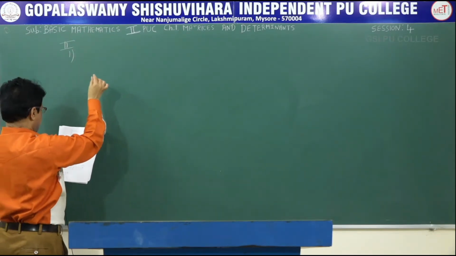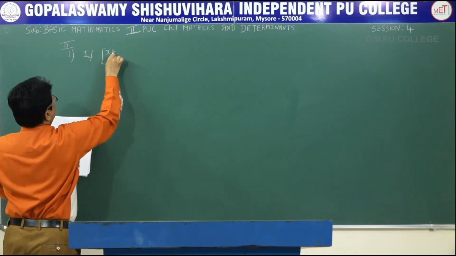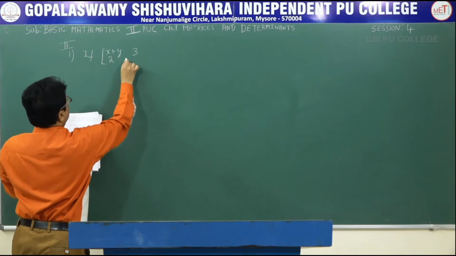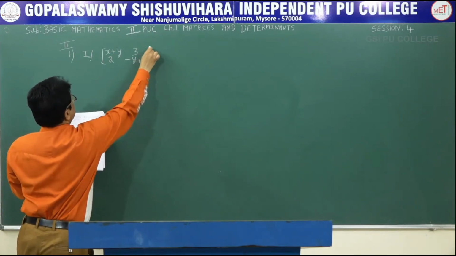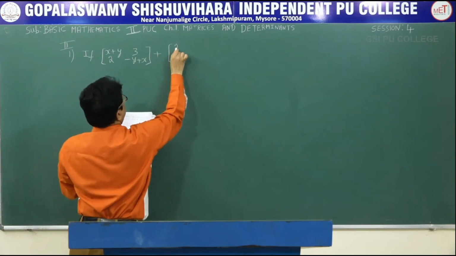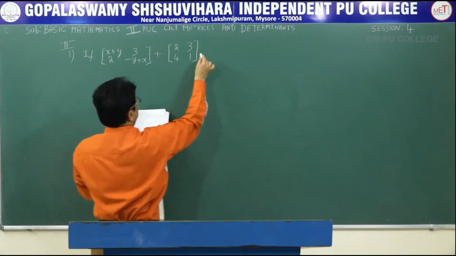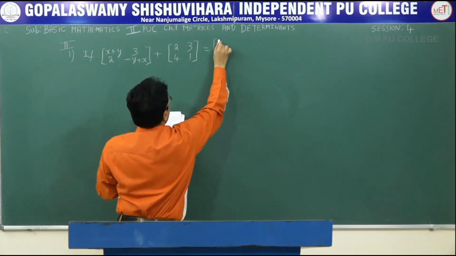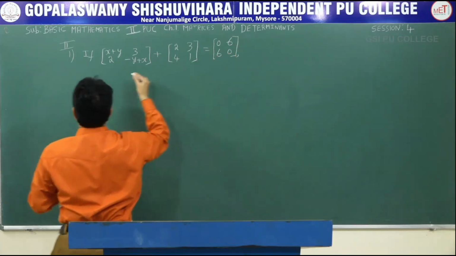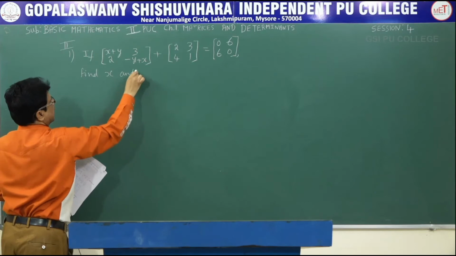Next type of problems. If [x plus y, 3; 2, minus y plus x] plus [2 3; 4 1] will be equal to [0 6; 6 0], find x and y.